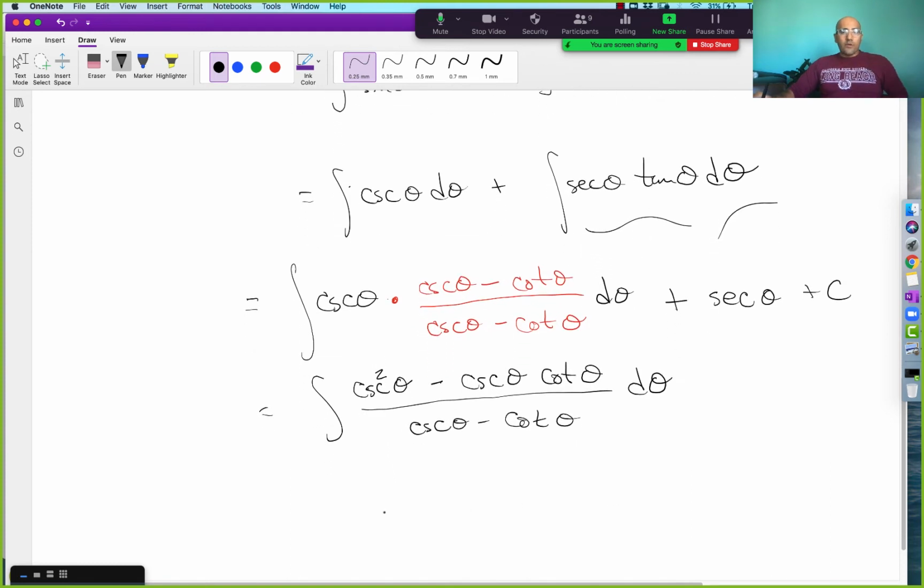And now we do a u substitution on the denominator. We're going to let u equal cosecant theta minus cotangent theta.